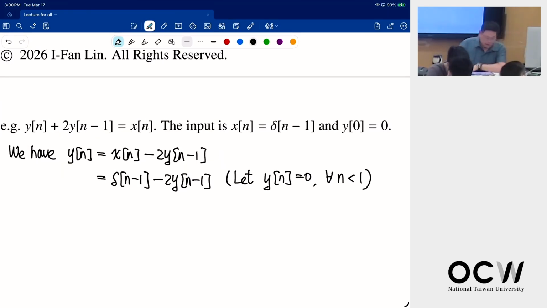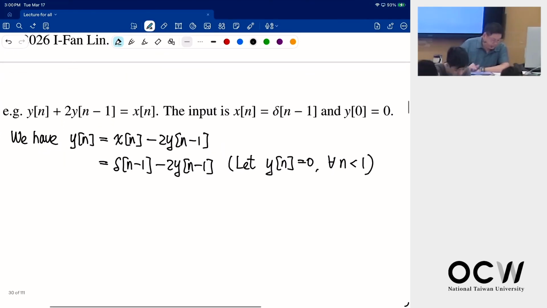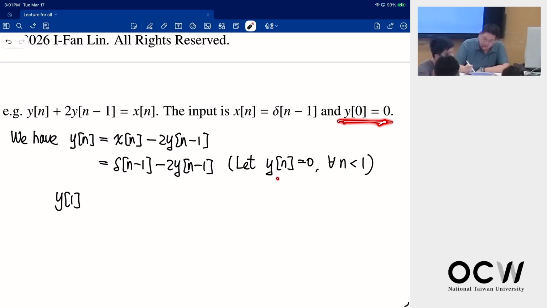So let's see what is the output y[n]. Most of the time, for the differential equation or difference equation, we guess the solution, or we observe something. Let's see our observation. What is y[1]? Because we know that y[0] is 0, and y[-1] will be 0.